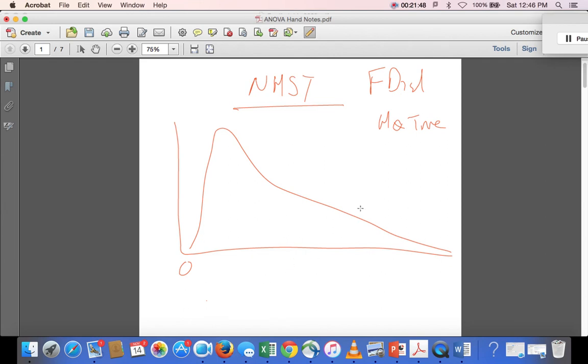So we found that my critical value for an alpha level set at 0.05, degrees of freedom between groups equal to 2, degrees of freedom within groups equal to 12, was 3.89. We're going to go and find 3.89. So here I'm just going to label it here.